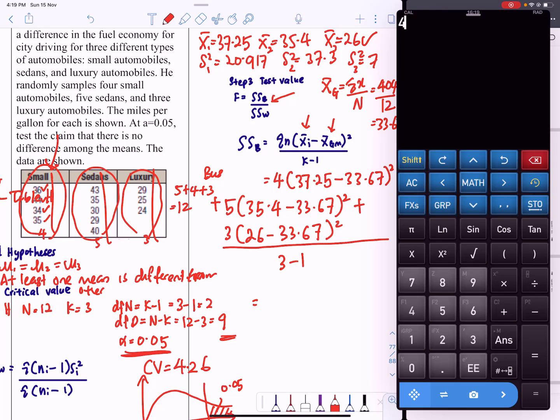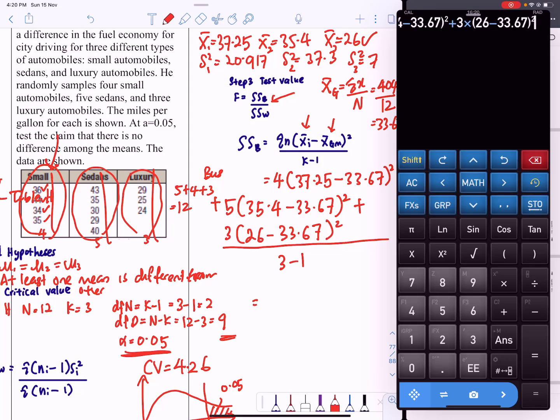We try to do 4 times inside the bracket 37.25 minus 33.67 close the bracket square, plus 5 times inside the bracket 35.4 minus 33.67 close the bracket square, plus 3 times inside the bracket 26 minus 33.67 close the bracket squared.